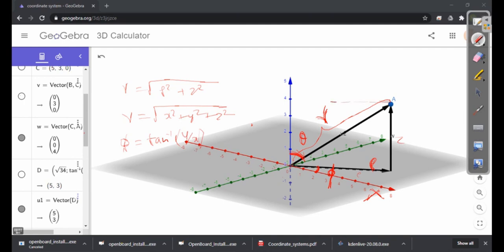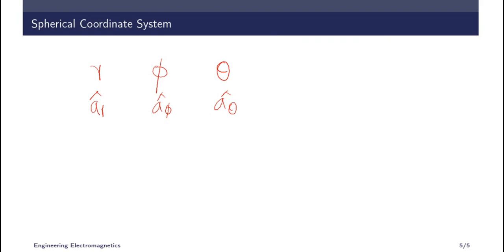If I consider this right-angled triangle, this length is rho and this length is z. So from this, theta is equal to tan inverse of opposite, that is rho, which is nothing but the root of x square plus y square, divided by z. So we got all three relationships. r is equal to the square root of rho square plus z square, which is nothing but the root of x square plus y square plus z square.